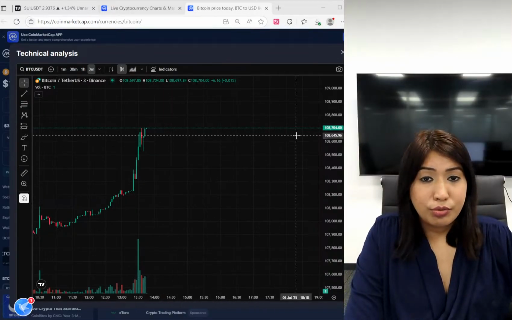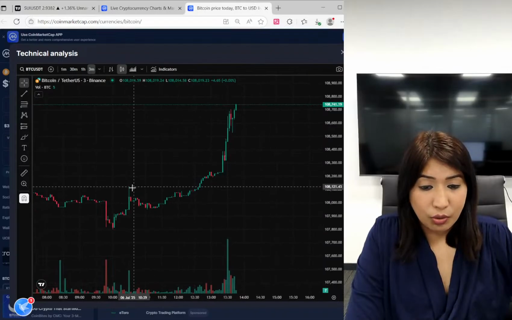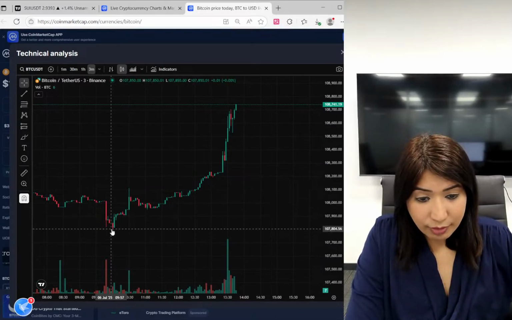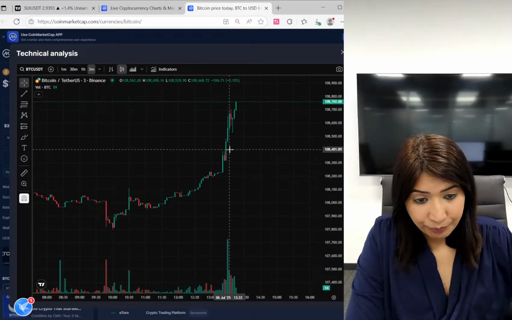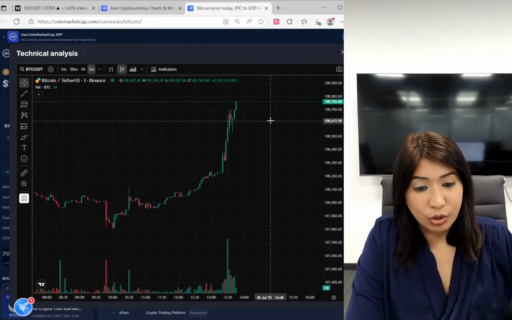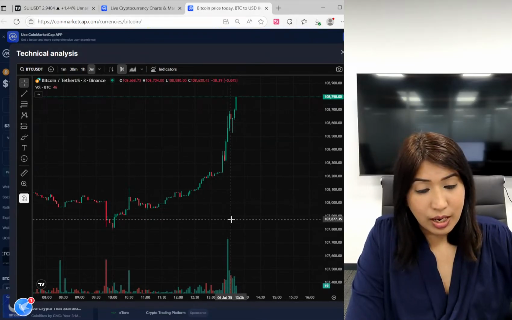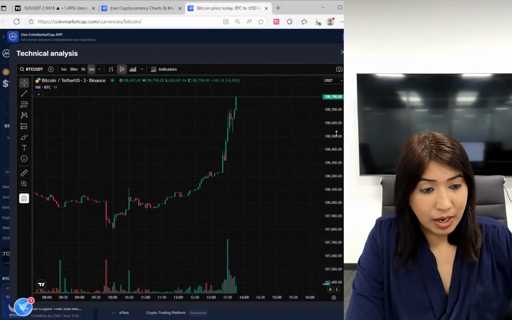What we drew just now were the trend lines we were focusing on. If I draw a line from here till here, that is my support and resistance, and then it's creating a new upward trend altogether. It's still going up and up and up.